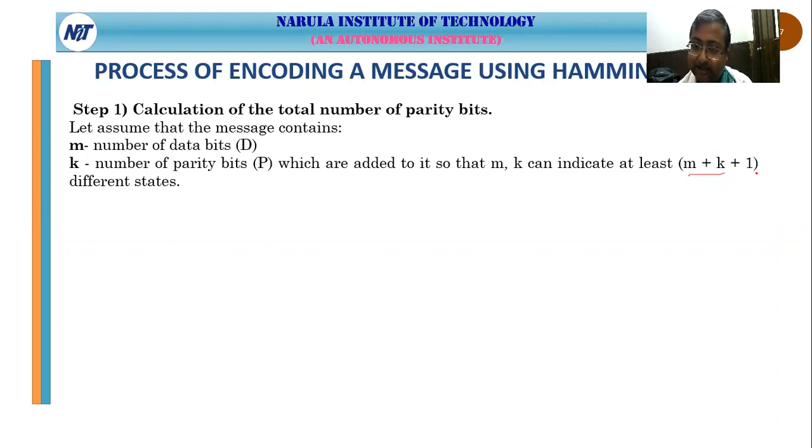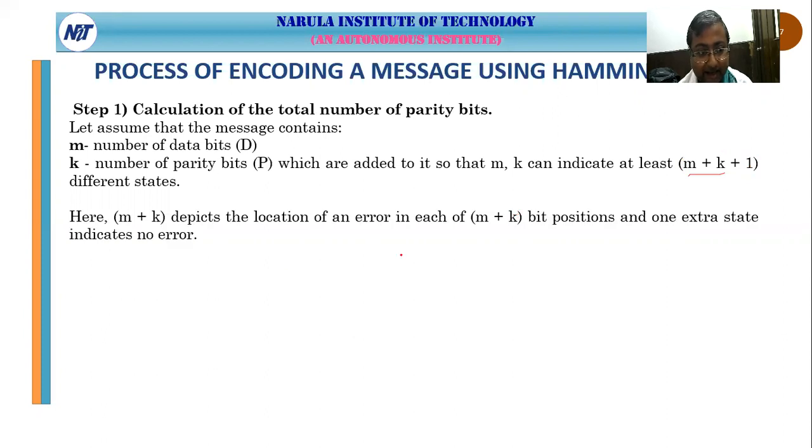So either an error exists or not. If not, then it will be 0. If it exists, then it will be 1. So this is the extra bit. This is for the error bit. Okay. So now this is m plus k plus 1, the different states.